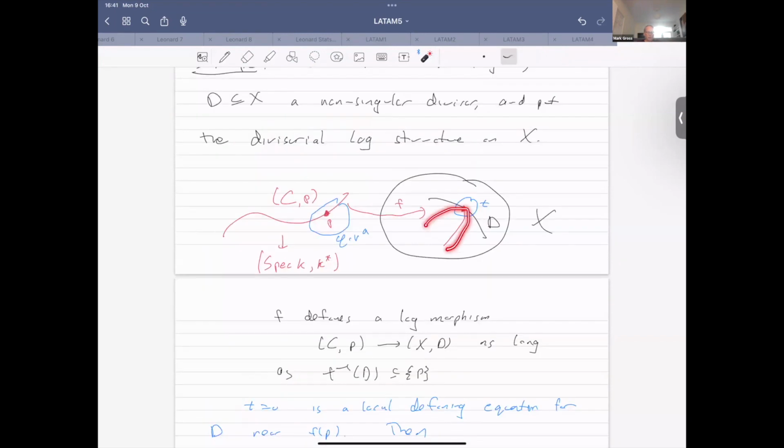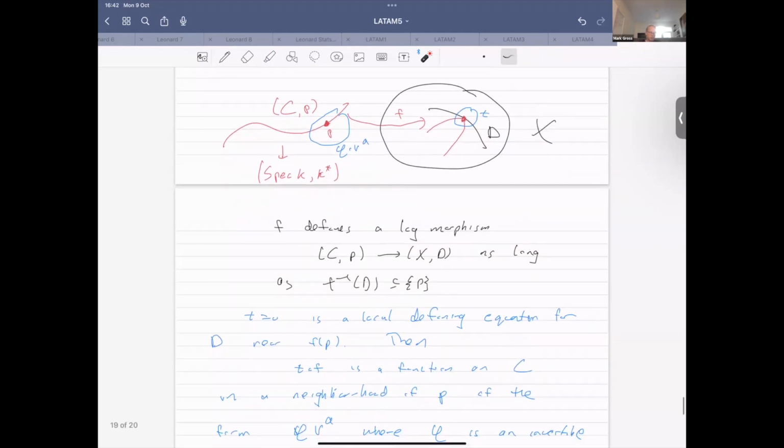Defining contact order was easy as long as the curve doesn't fall into D, but as soon as it falls into D, you have trouble. But the point is that this definition, the definition of UP, says nothing about whether or not C falls into D. So this is something that makes sense in any event, and essentially solves that problem about what happens when the curve falls into the divisor.